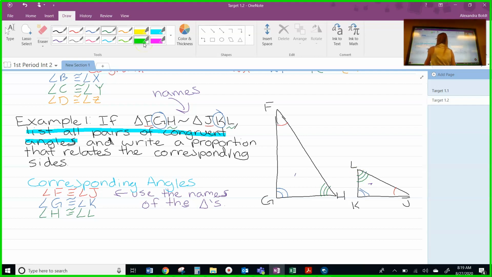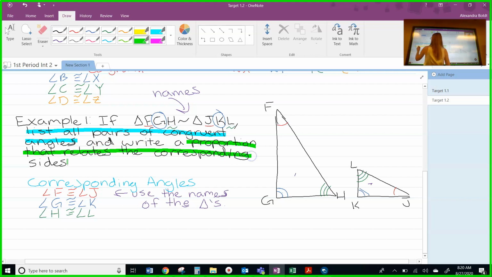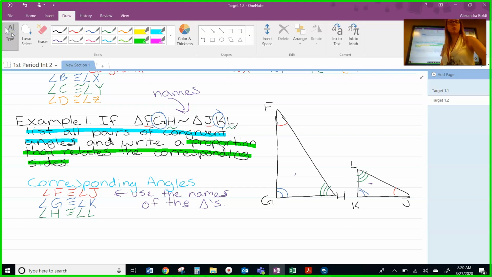Okay, we also want to write a proportion that relates the corresponding sides. Let me move this down just a little bit.